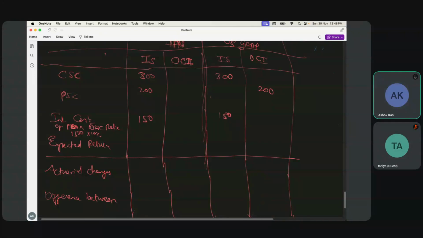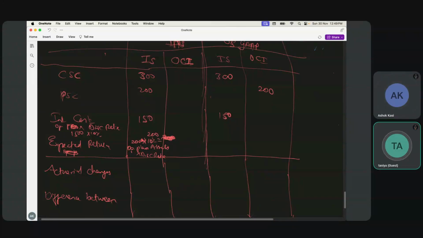Okay. Then expected return will be opening plan assets. So here it will differ. See, here the rule is opening plan assets into discount rate. So opening plan assets is 2000, into discount rate of 10%. That comes to 200. I'll write it here, 200.